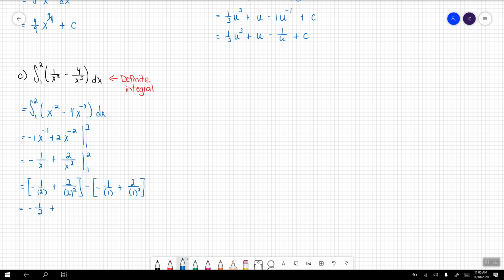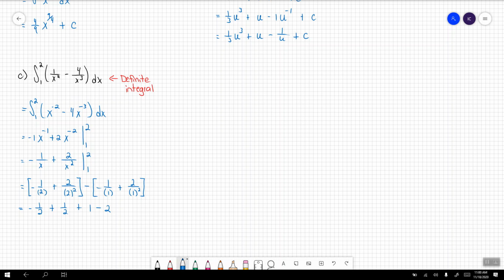Second term is going to be 1/2. Next term, negative times the negative, that's positive. 1 divided by 1, that's 1. Again, distribute the negative, and that's going to be a plus 2. Oh, sorry, my apologies, not plus 2, minus 2, because we distribute the negative.